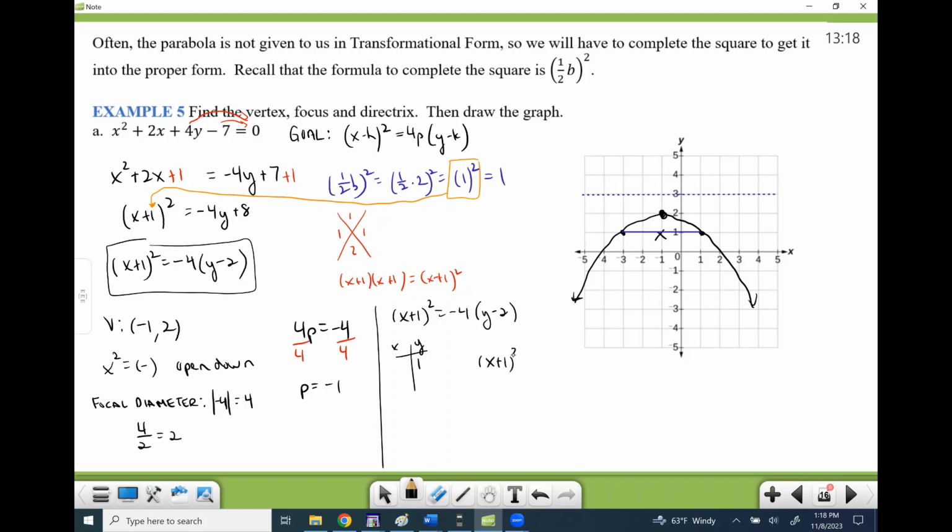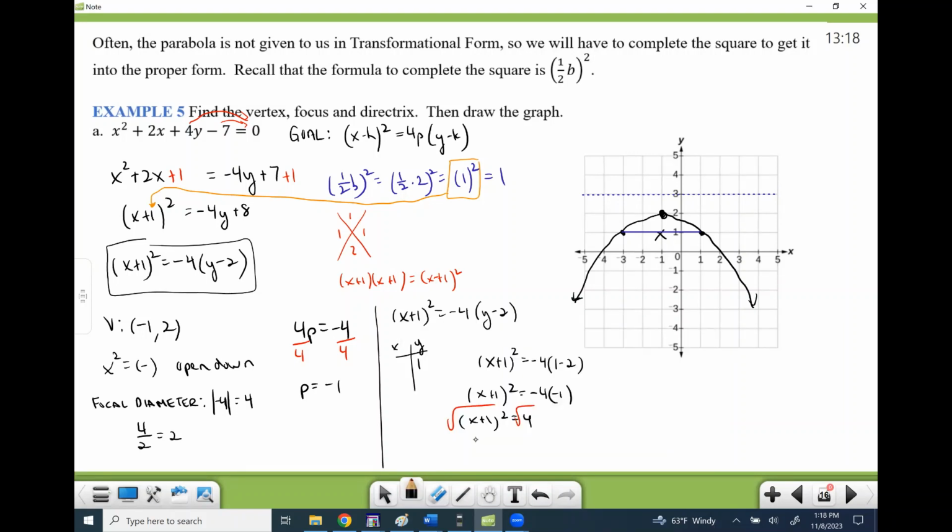There's a lot of intuition doing this method that hopefully you can develop. So -4 times -1. So we'll square root both sides. Don't put your plus or minus when you square root.